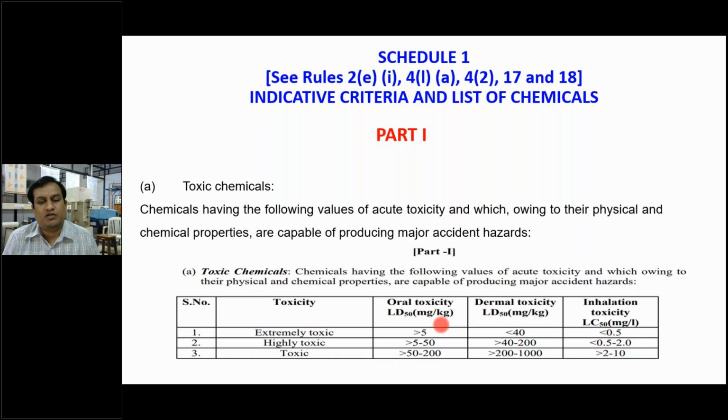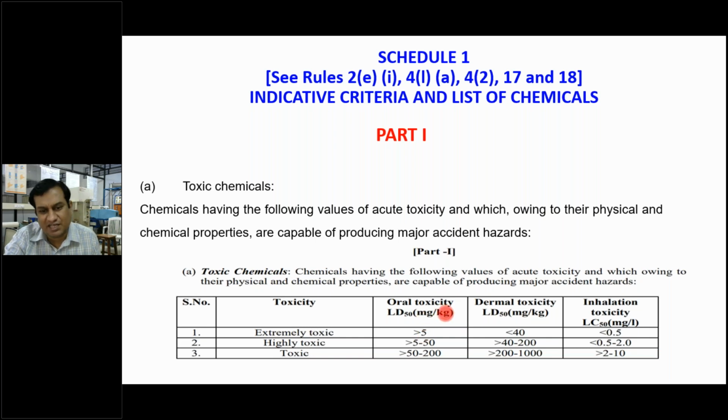So if you are going to consume 5 milligram per kg of your body, then there are 50% chances of your death. So if your body weight is 50 kg, then you have to multiply that parameter. So for 50 kg, you can understand this is the parameter, that is 5 mg per kg.